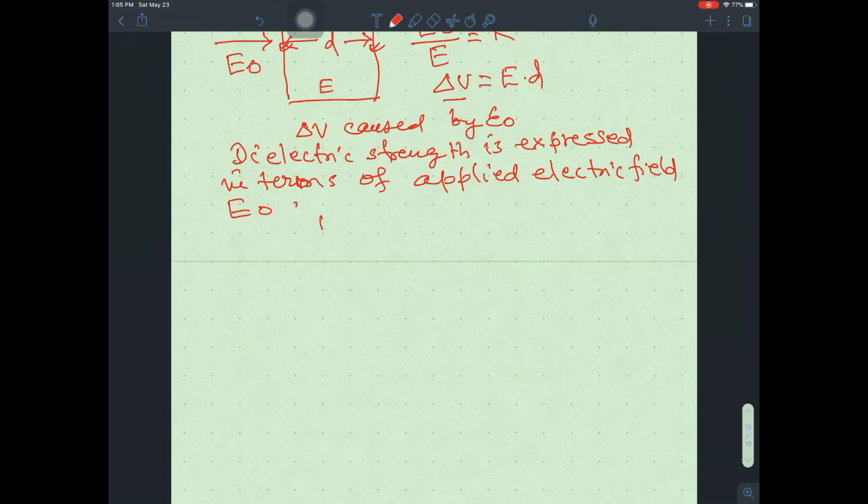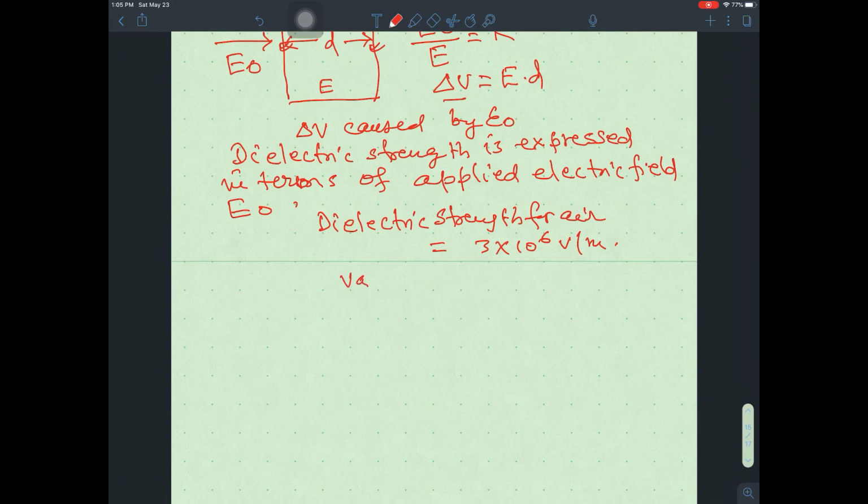Dielectric strength for air is 3 into 10 to the power 6 volt per meter.